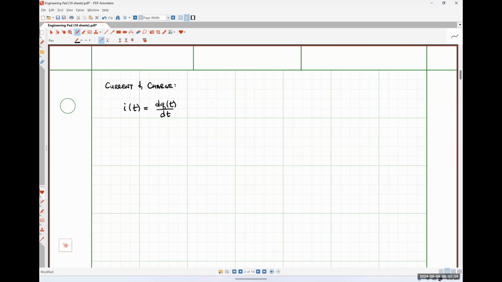So if we looked at the units of this thing, I'm going to do this first so that I don't forget about it again. The unit of current is the ampere with a symbol A.